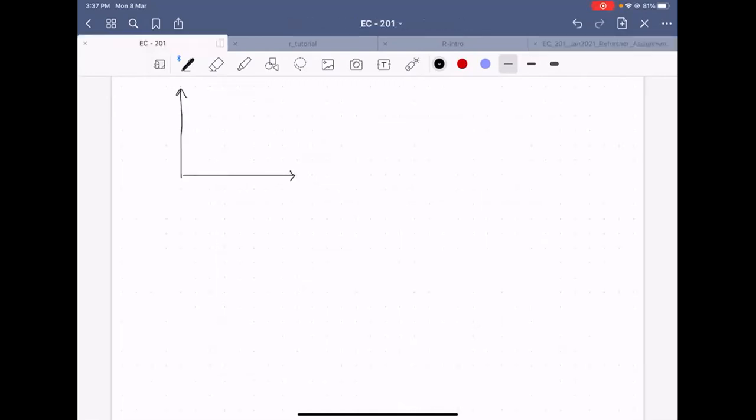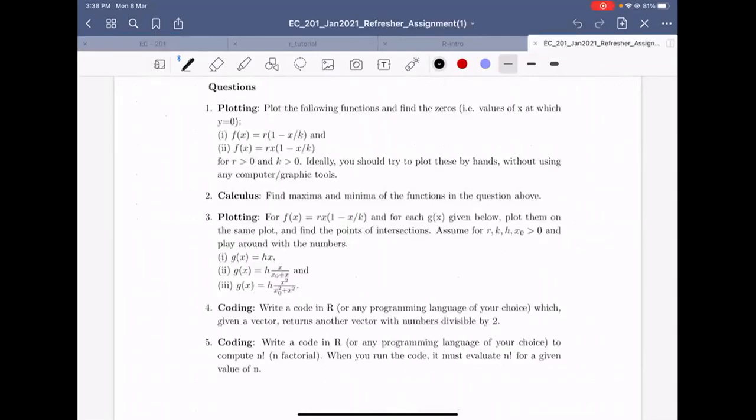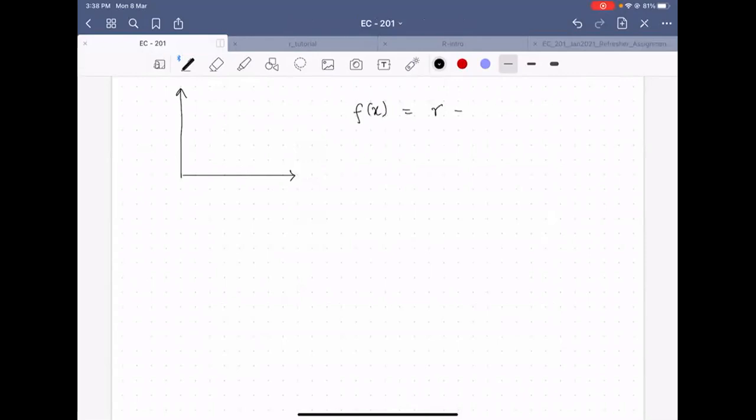So if you look at the function, it looks like f(x) equals r times, I'm just opening this up, r minus rx by k. So in a sense, it looks like y equals some c, which is a constant, plus minus of r by k times x.